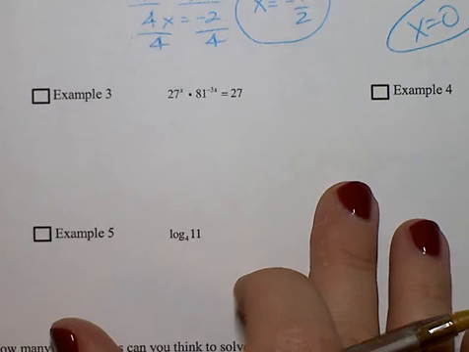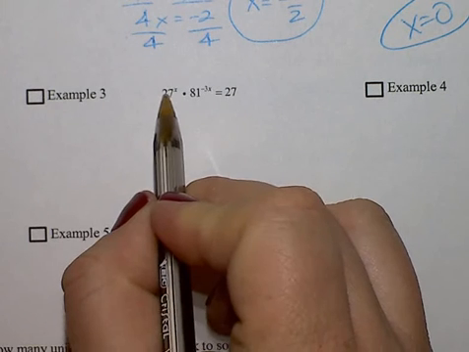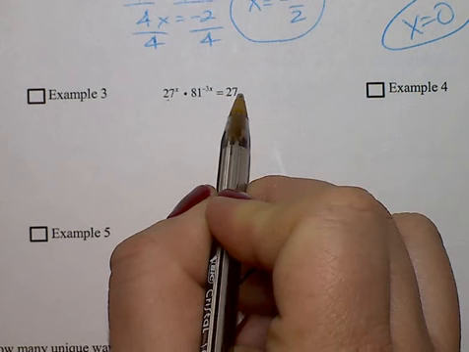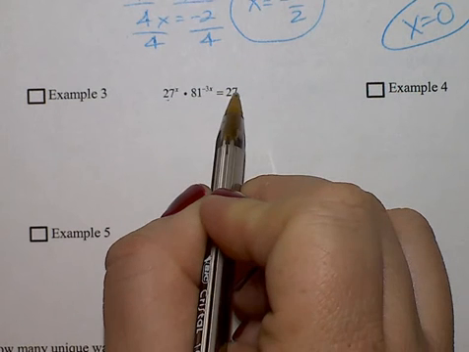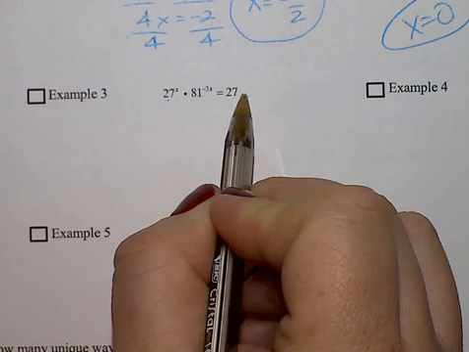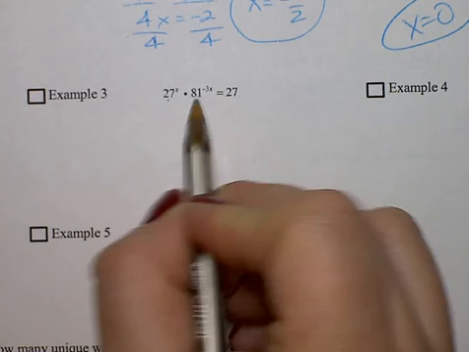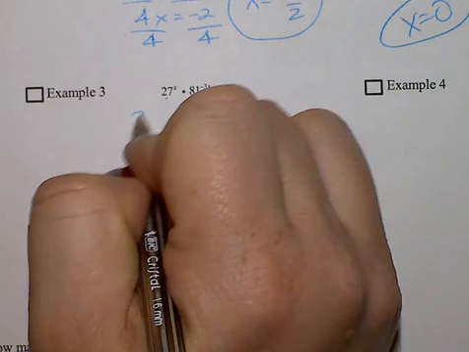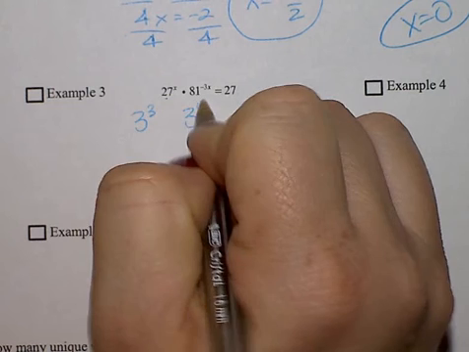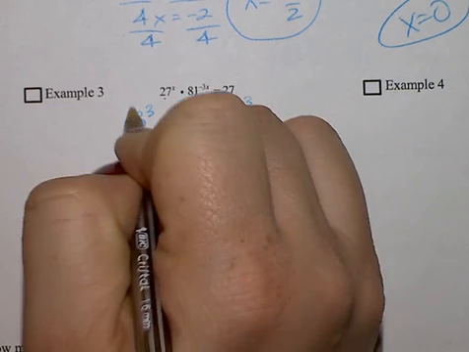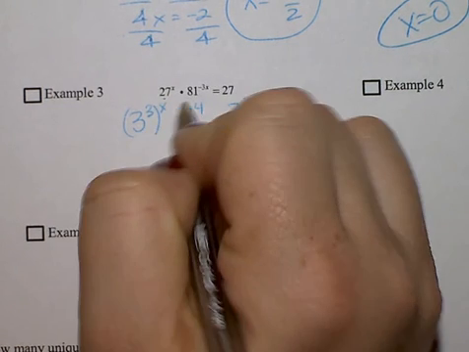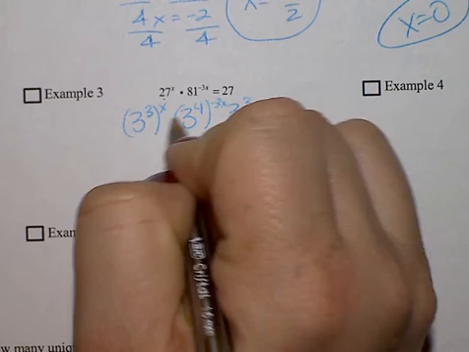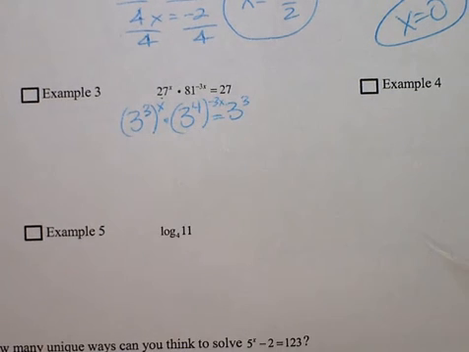Number 3, I'm going to first analyze it. 27, 81, and 27. I need to rewrite these numbers, keeping the same value but having identical bases. So 3 to the third, 3 to the fourth, and 3 to the third, x, negative 3x, and then just 3 squared.